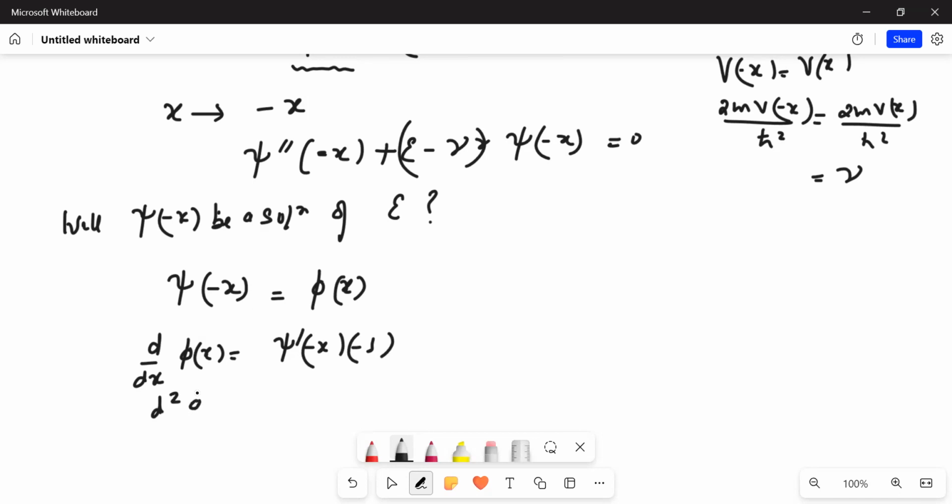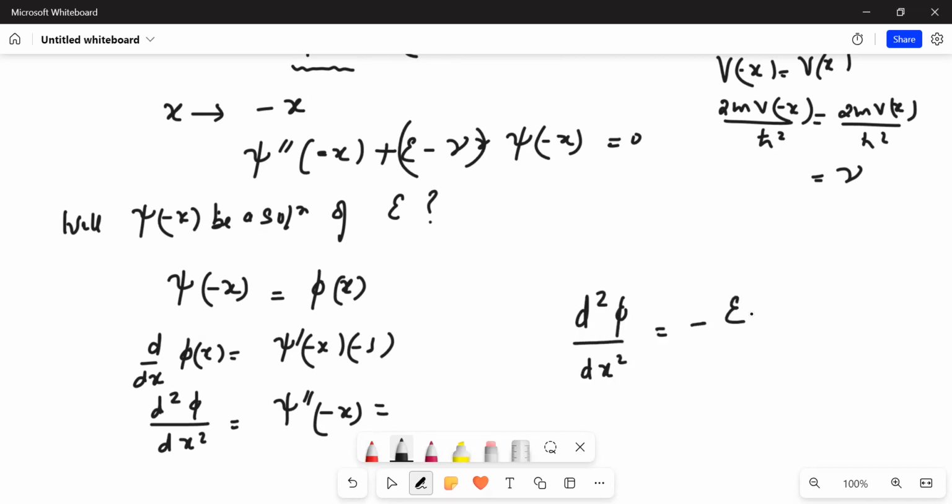If I take the double derivative, I get d square phi upon dx square, again with minus times minus, which is plus 1. So d square phi upon dx square equals d square psi upon dx square, which is minus mu times phi.